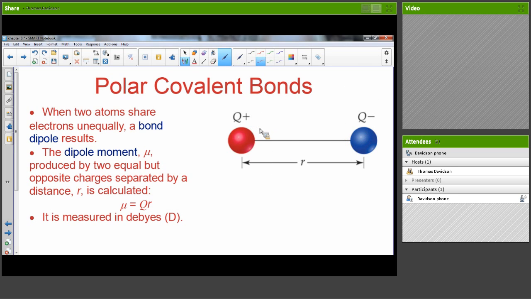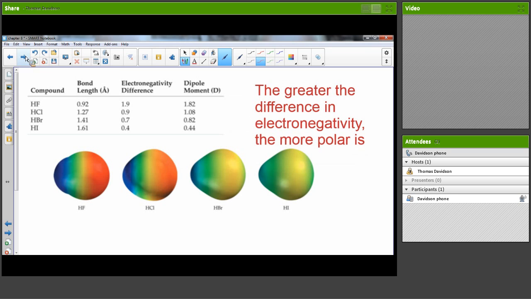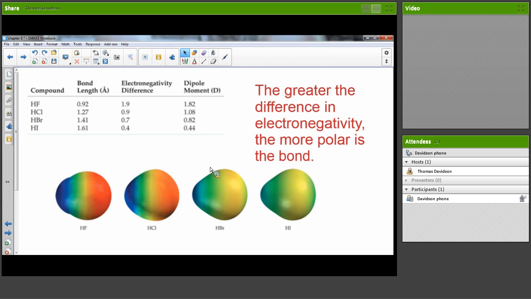They're generally just an indication of what direction it goes, and then you put a plus just to indicate that that left that side positive. The greater the difference in electronegativity, the more polar it is. Like, you okay with that? We said that and drew it.